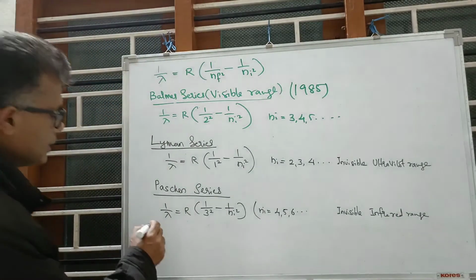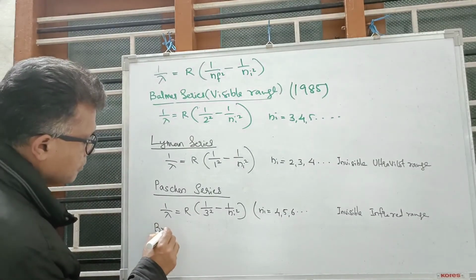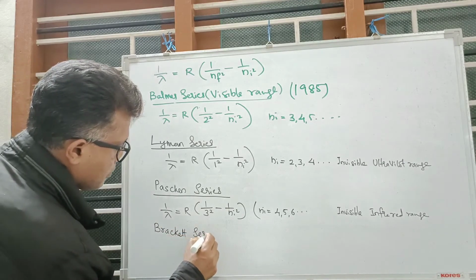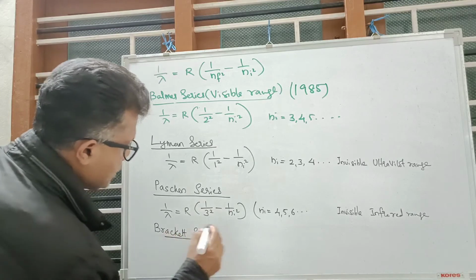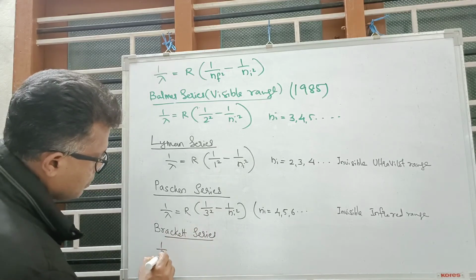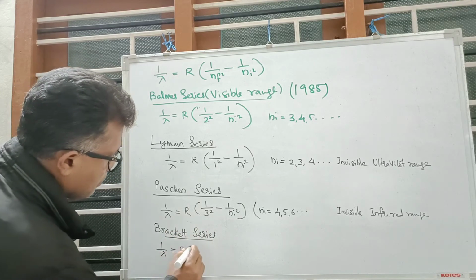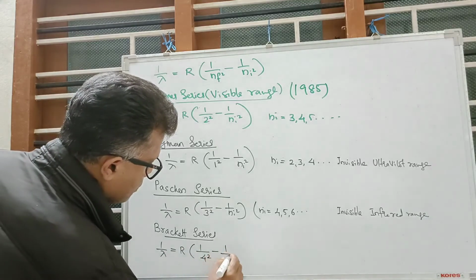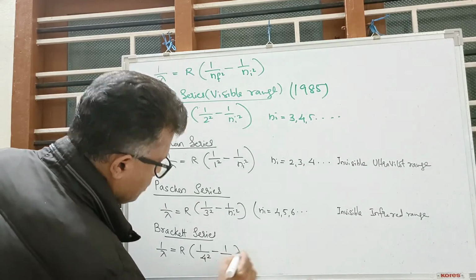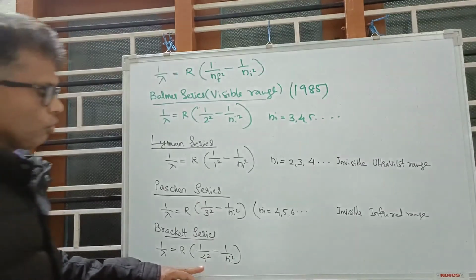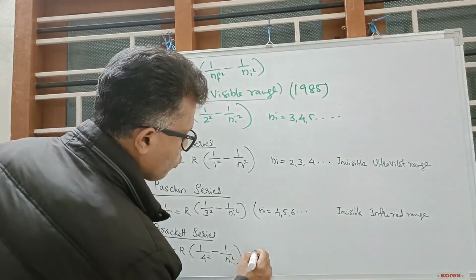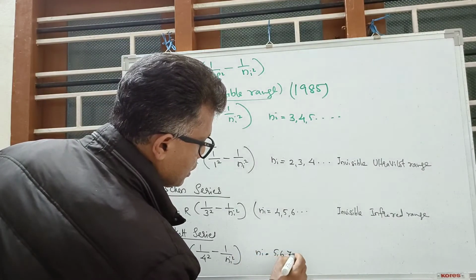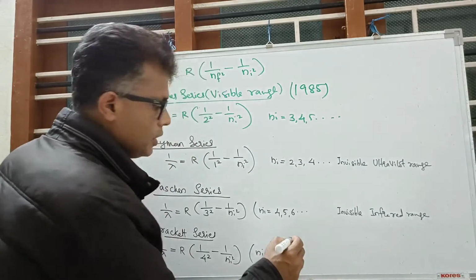Next one is the Brackett series. This is jumping to the fourth orbit. So ni will be 5, 6, 7, and it goes like that. Is it visible?